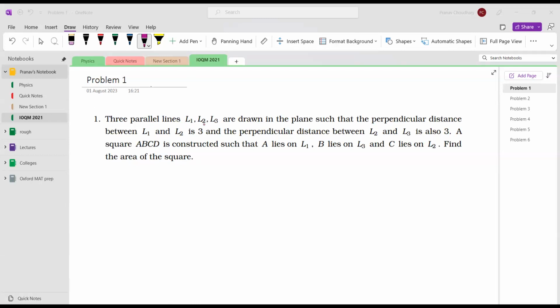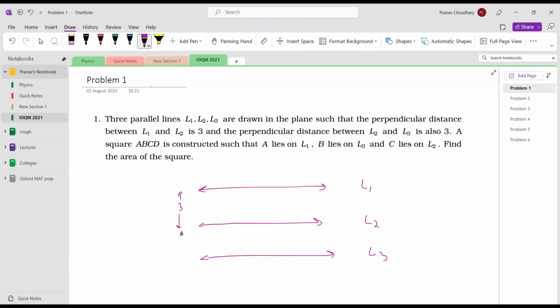Three parallel lines, L1, L2, L3, are drawn in a plane such that the perpendicular distance between L1 and L2 is 3, and between L2 and L3 is 3. So it's like L1, L2, L3. You have this distance as 3, this distance as 3.